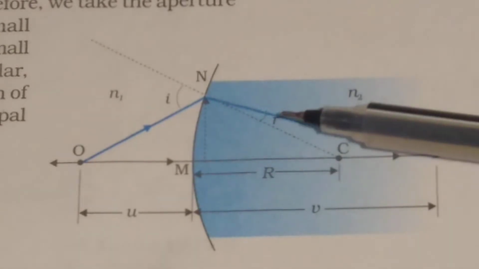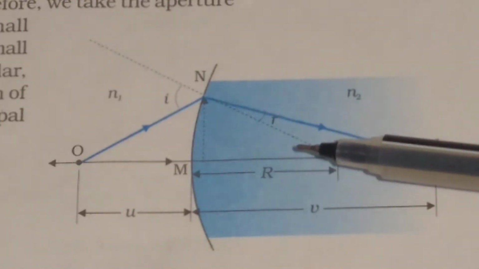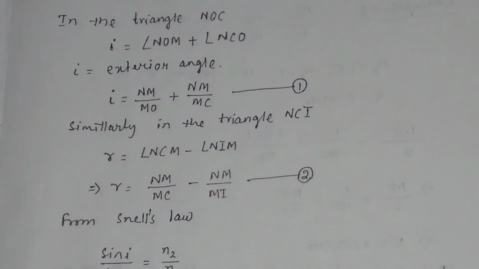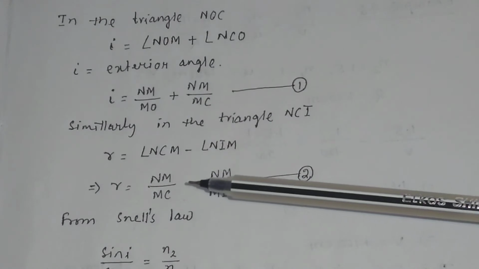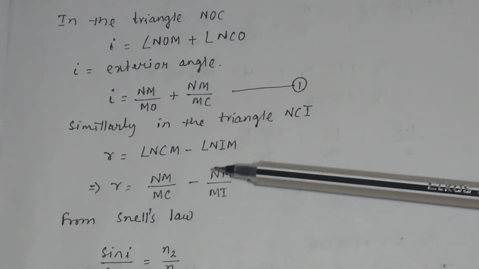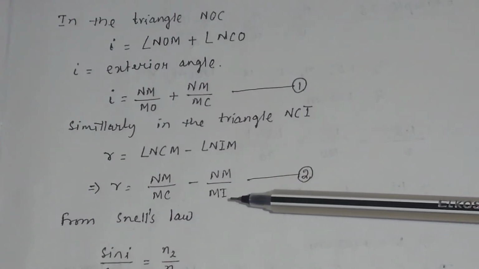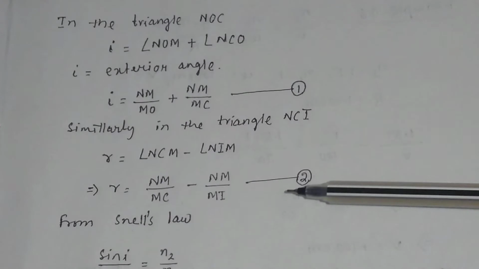So this angle is equal to this angle plus this angle. So r will be equal to this angle minus this angle. If you substitute the angle NCM, equal to NM divided by MC, and the angle NIM, equal to NM divided by MI, then r will be equal to this much, which is equation 2.